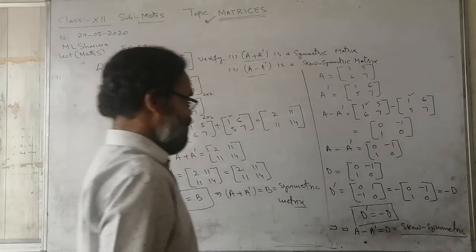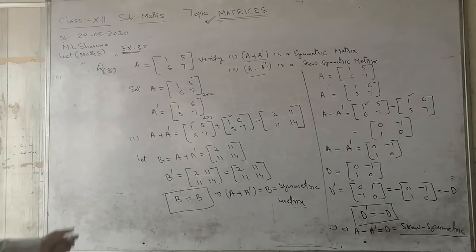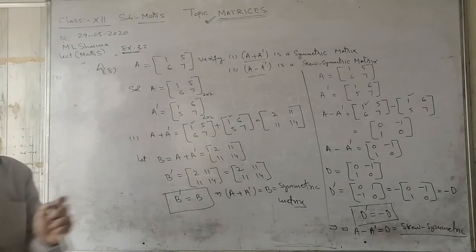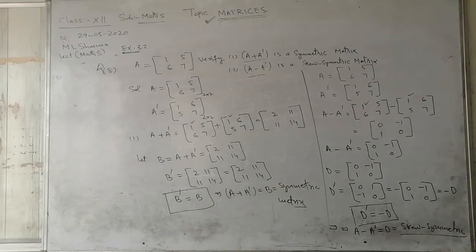So in this way, both parts are to be proved. So this was question number 8 of the 3.3 exercise. So 2 or 3 questions are left, and this will finish your 3.3 exercise.